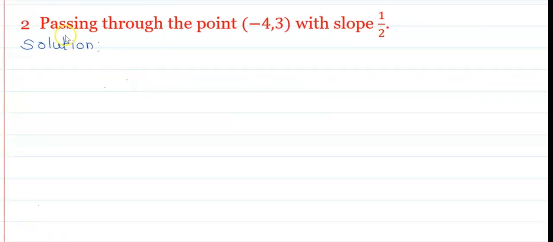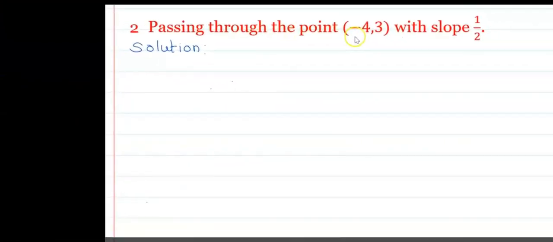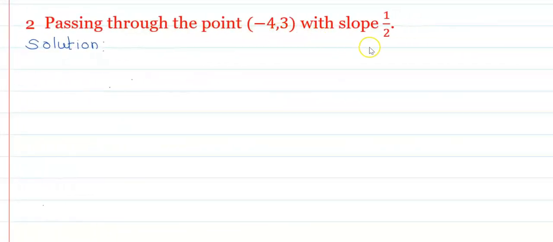Now the equation of a line passing through the point (minus 4, 3) with slope 1 upon 2. The point is (minus 4, 3) and the slope m is equal to 1 upon 2. Here we know the point on a line and its slope.